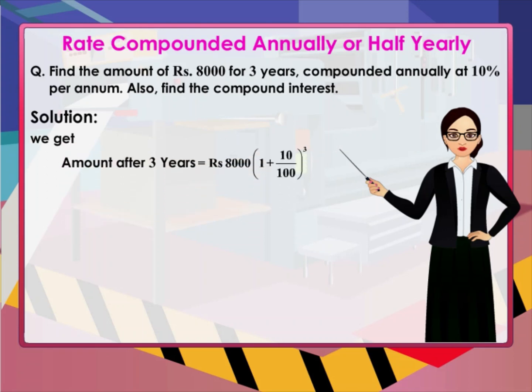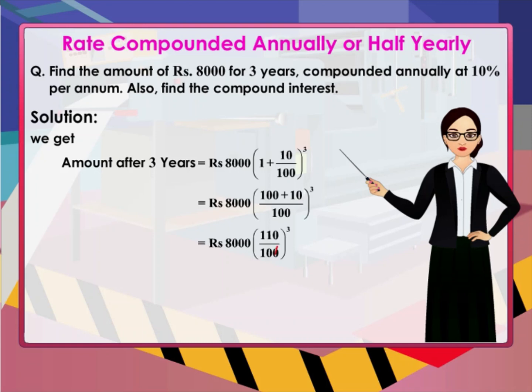Always solve the calculation which is inside the brackets first and then multiply with the remaining values. So here, 8,000 be as it is. Take the LCM of 1 plus 10 by 100. We get 100 plus 10 by 100, the whole power 3, which is equal to 8,000 into 110 divided by 100, the whole power 3.